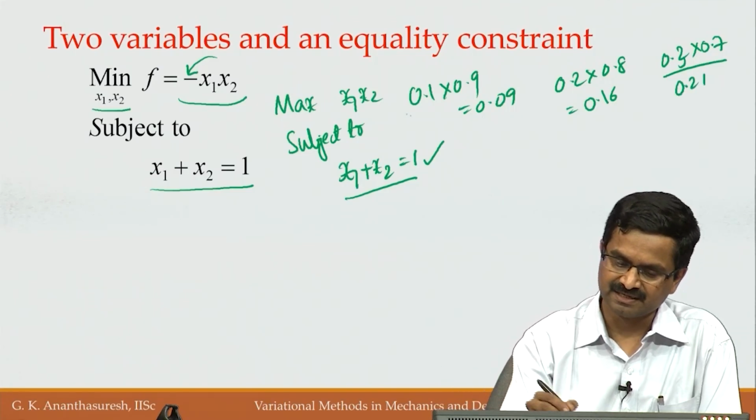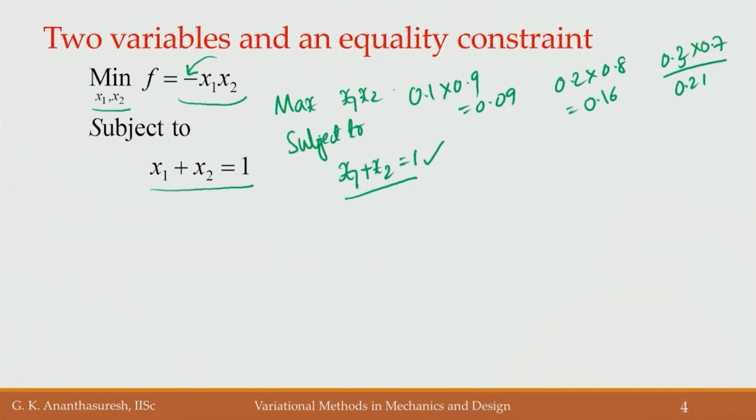You see this is increasing. First 0 and 1 gave 0, then slightly more, slightly more, slightly more, and then 0.4, 0.6 gives 0.24, larger, and then finally 0.5, 0.5 takes us to 0.25.